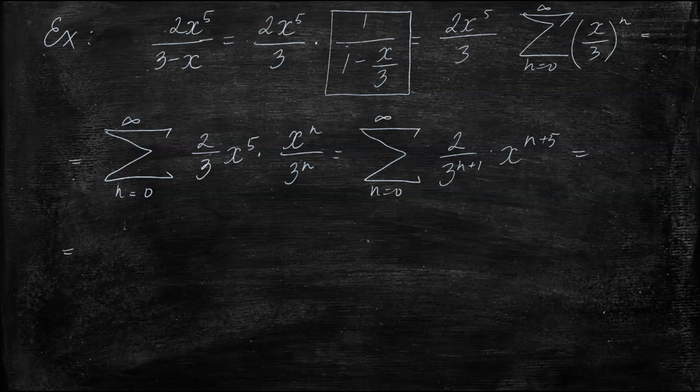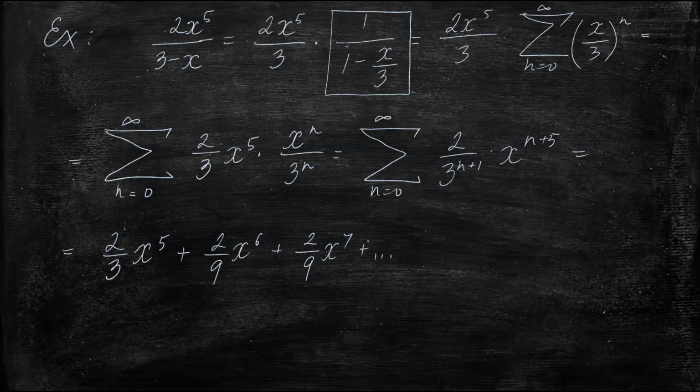So the first term of this series, when n is equal to 0, instead of just being 2/3, is going to be 2/3 x to the power 5, plus 2/9 x to the power 6, plus 2/9 x to the power 7, and so on.